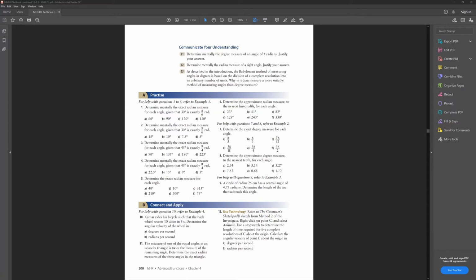So again, you're just multiplying it by 180 over pi, and then you have to approximate because you're dividing by pi, which is an irrational number. So you'll have to just round it, for example, to 4 decimal places or 3 decimal places, whatever your teacher tells you to. Now, I've also assigned question 13.